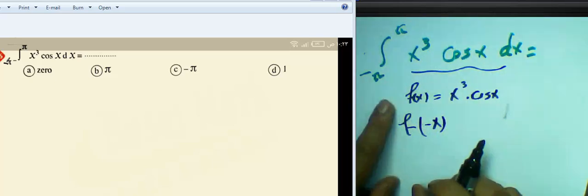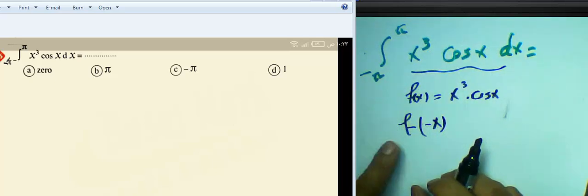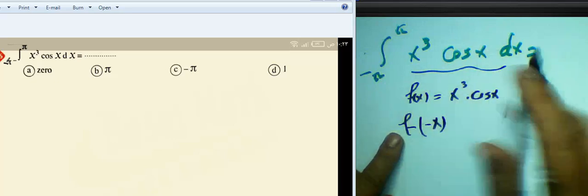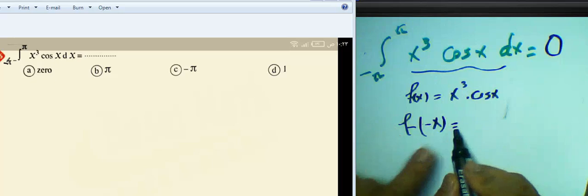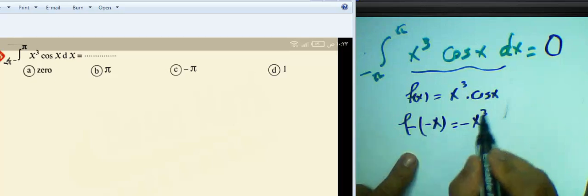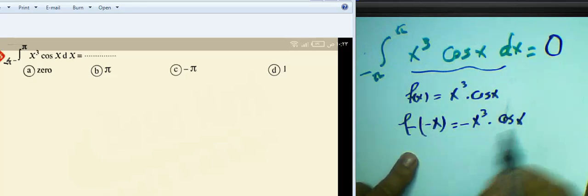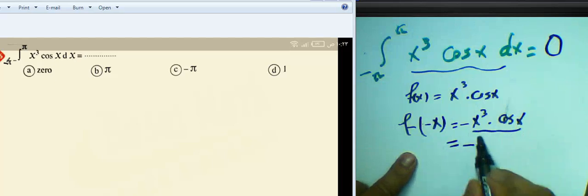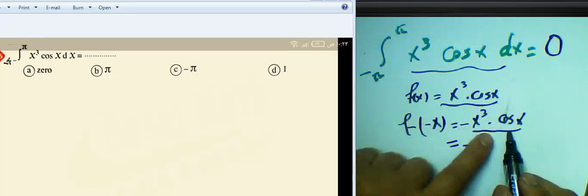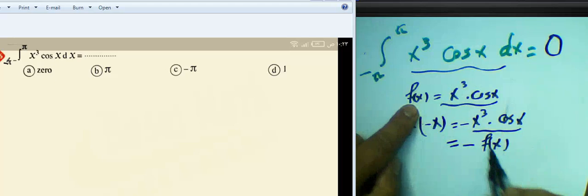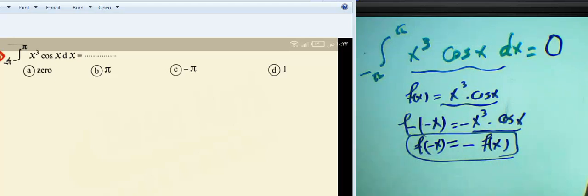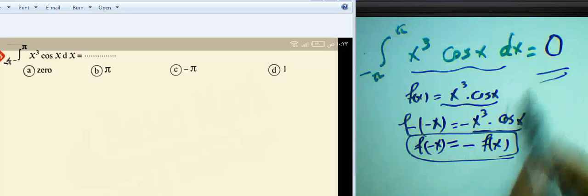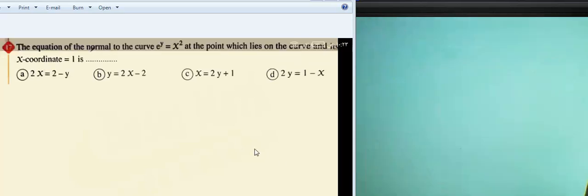But here f of x is not equal to f of negative x. Look here, put negative x here, it will be negative x power 3 multiplied by cosine x. We can write the negative as a coefficient of this function. So we get f of negative x equals negative f of x. Then the integration will be equal to 0.